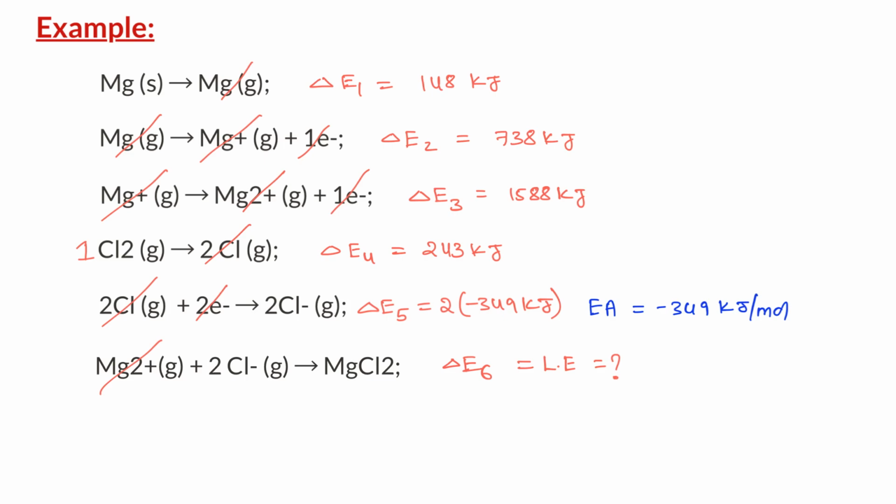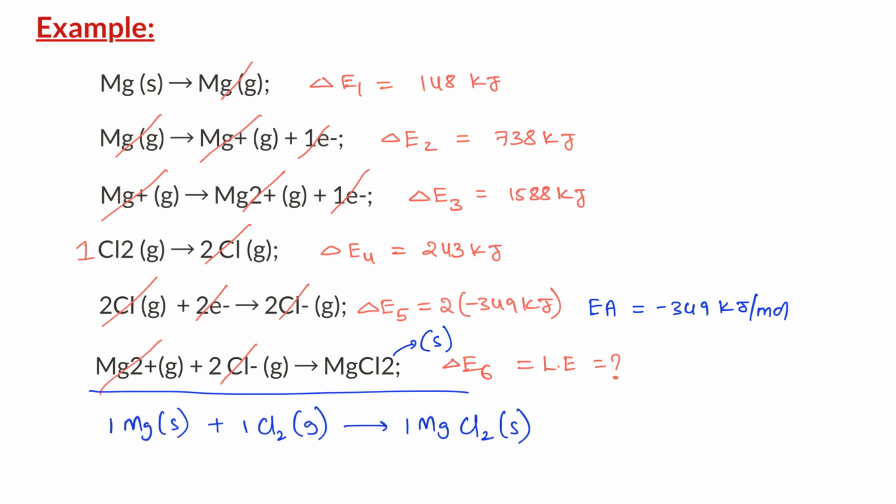And at last 2 moles of Cl minus and 2 moles of Cl minus get cancelled. So on the reactant side, the leftovers are 1 mole of magnesium solid and 1 mole of Cl2 gas. And on the product side, the leftover is 1 mole of magnesium chloride in the solid phase.